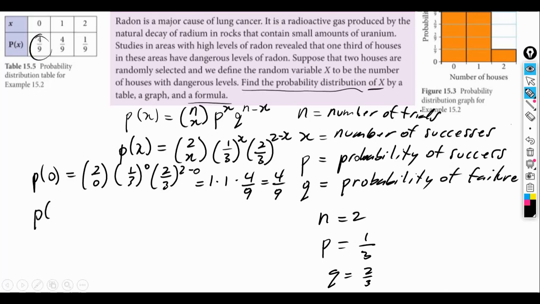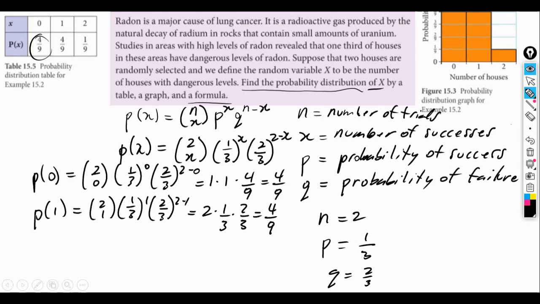So the probability of 1 is going to be 2 in combination with 1, and then 1/3 to the 1 times 2/3 to the 2 minus 1. So this is going to be 2 times 1/3 times 2/3, which is going to equal 4/9. So we get the same result.